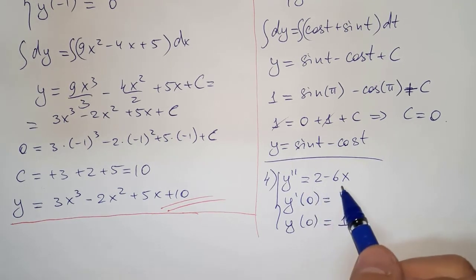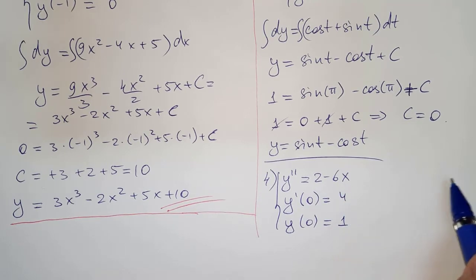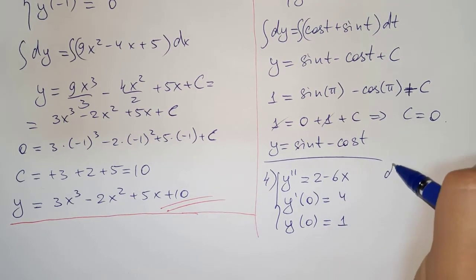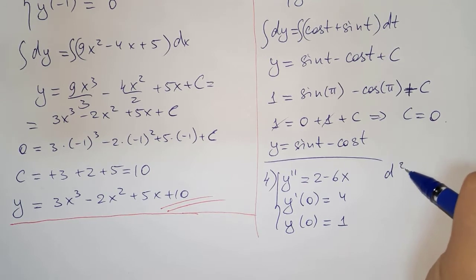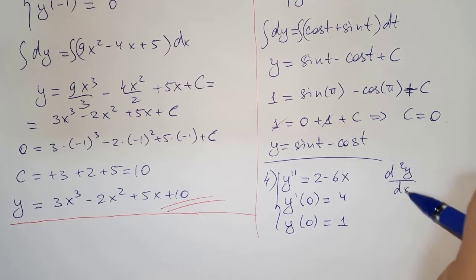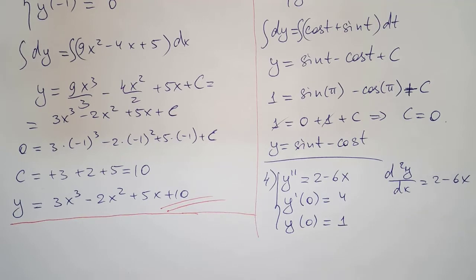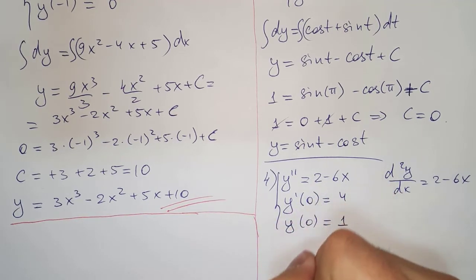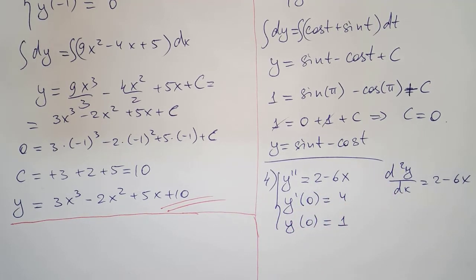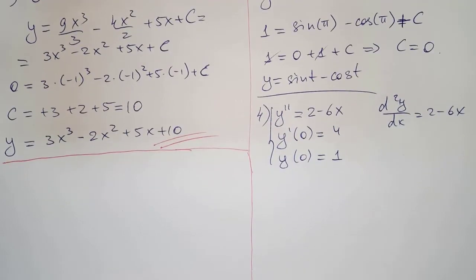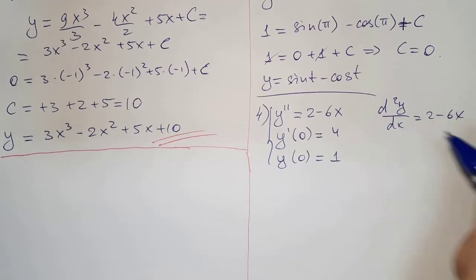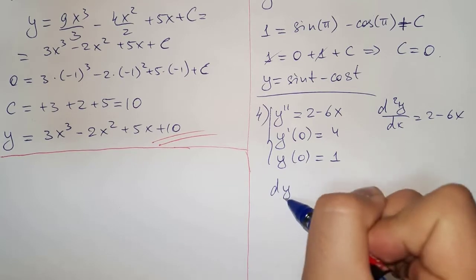However, we have a second order differential equation. So it is d squared y over dx squared equals 2 minus 6x. And now, firstly, we need to find the first order derivative.